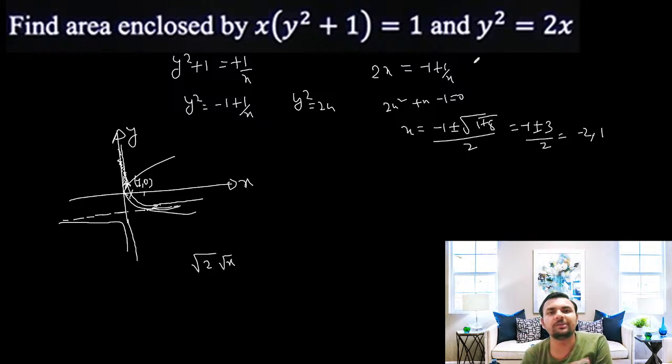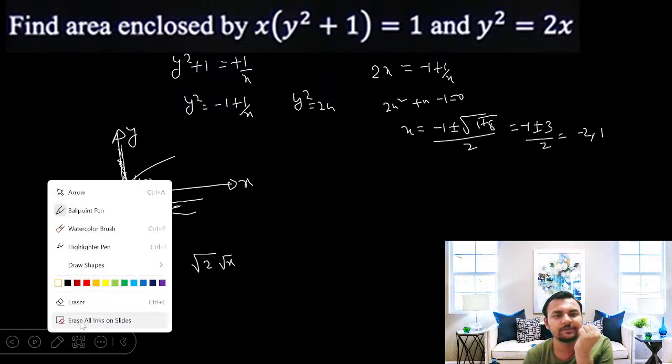Okay, x equal to minus 2, it is what? Minus 3 by 2. It is minus 4. X equal to 1, 0, 2. So how do they exist? I'm really confused. Okay, let me see once.